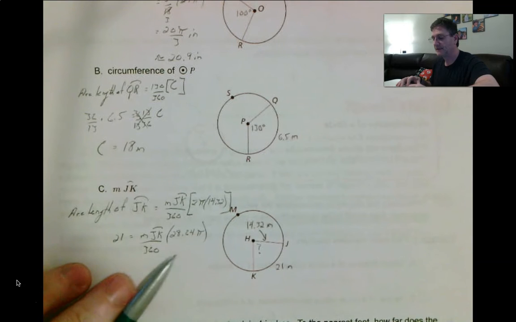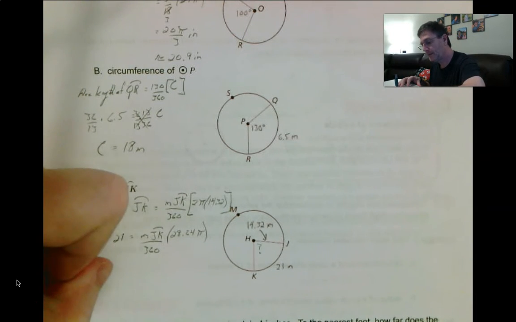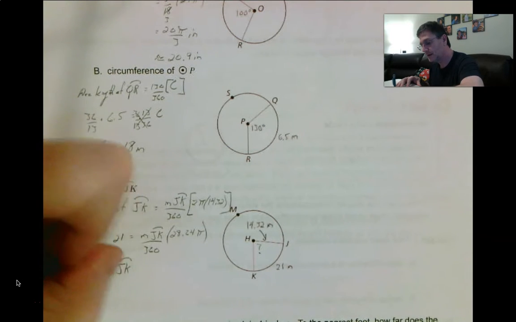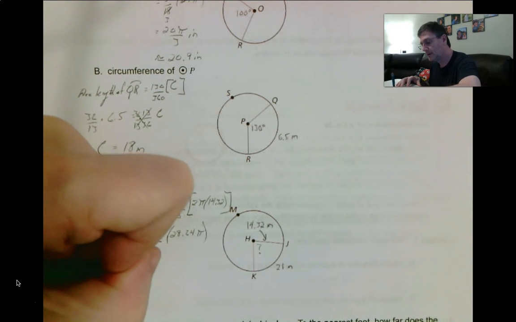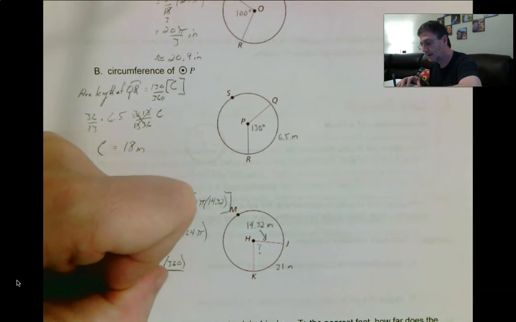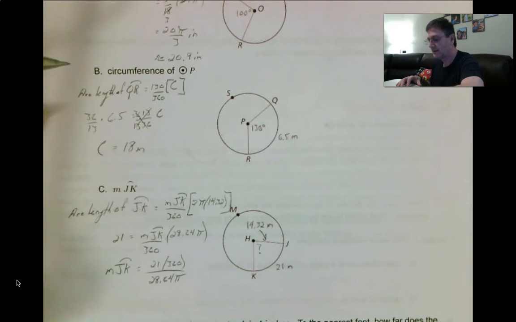Multiply both sides by 360, divide both sides by 28.64 pi. The measure of arc JK is equal to 21 times 360 divided by 28.64 and divided by pi.